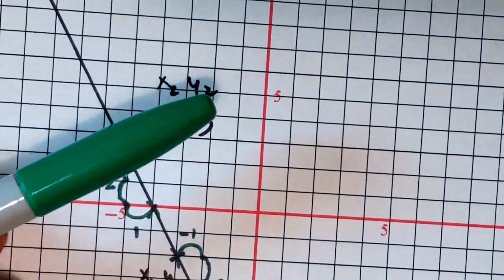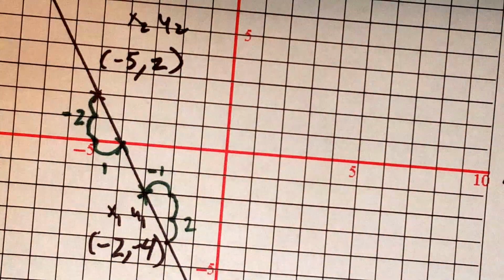and I'll just use this sheet over again. When my slope is positive, we always go up and to the right.